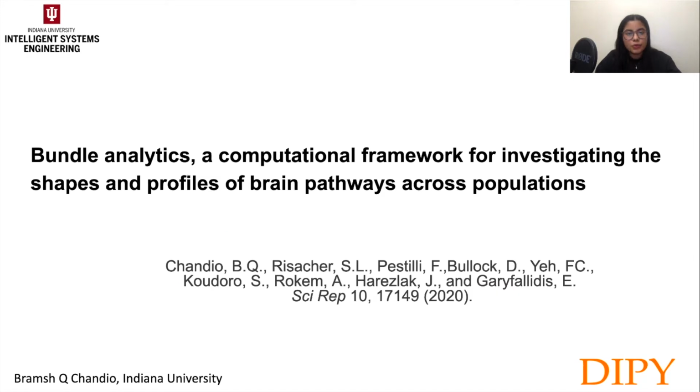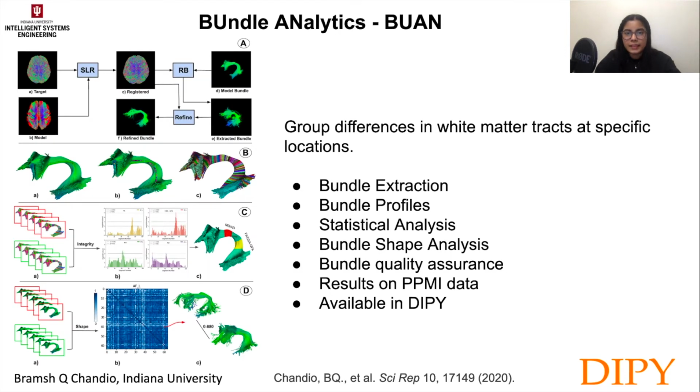This session will be more focused on bundle analytics, a computational framework for investigating the shapes and profiles of brain pathways across populations. Bundle analytics, or as we call it BUAN, is a framework to study group differences in white matter tracts at specific locations.